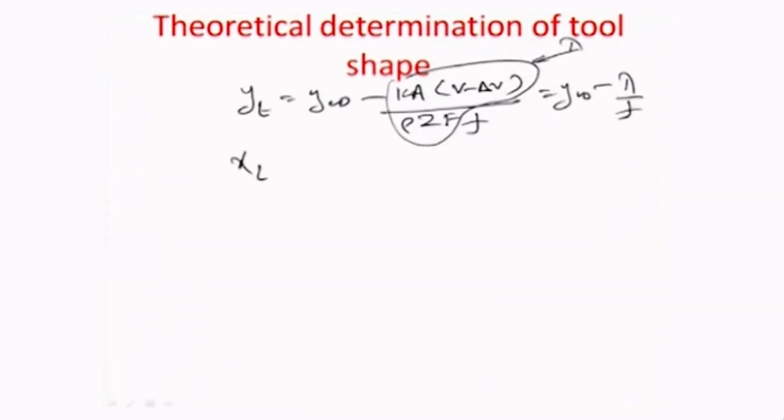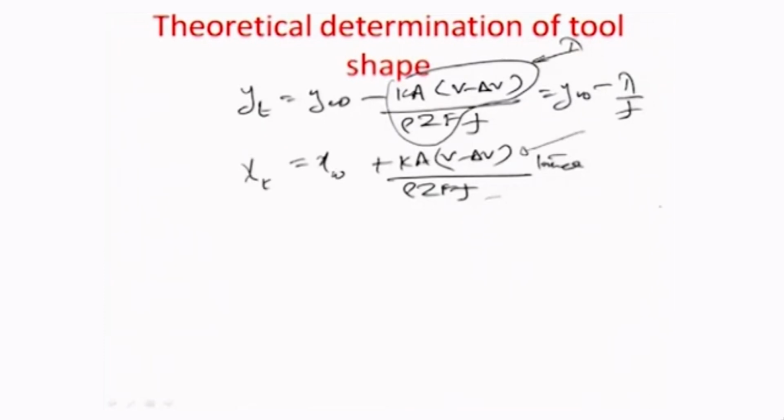And the xt here can be related to the xw by the term Ka V minus delta V divided by rho Z F times of tan of theta, right, because this was cos theta, and then the xw was displaced backwards from the xt by the term G sin theta.